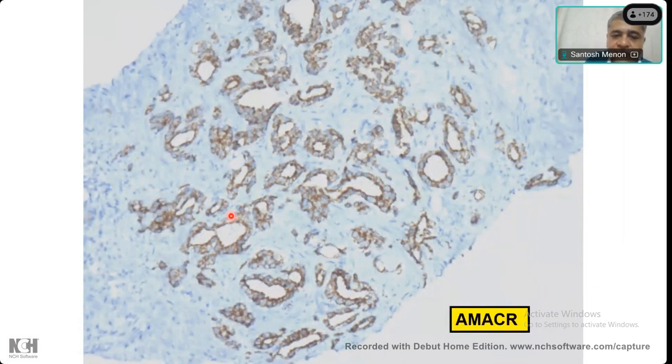And AMACR, if you do it, should be strong, granular and circumferential. So the complete circumference of the suspected malignant gland should show strong, granular positivity. You understand? So if it is only focal, say here or here, that may not be a valid AMACR positivity to take. The whole focus as a whole should take up the stain.